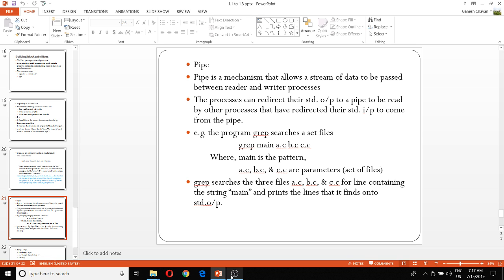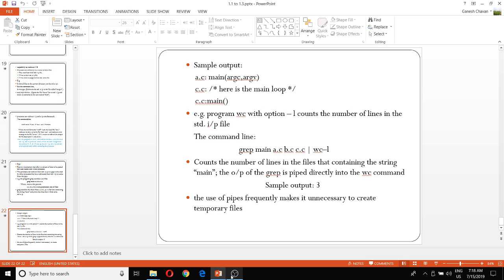The program grep searches a set of files. In grep main a.c b.c c.c, main is the pattern to be searched, and a.c, b.c, and c.c are the parameters, or set of files. Grep searches the three files a.c, b.c, c.c for lines containing the string main and prints the lines that it finds onto standard output.